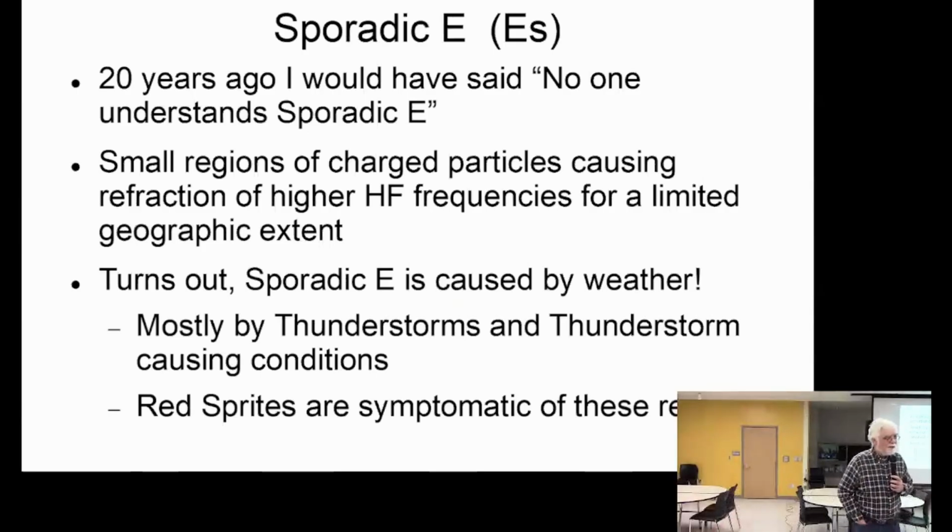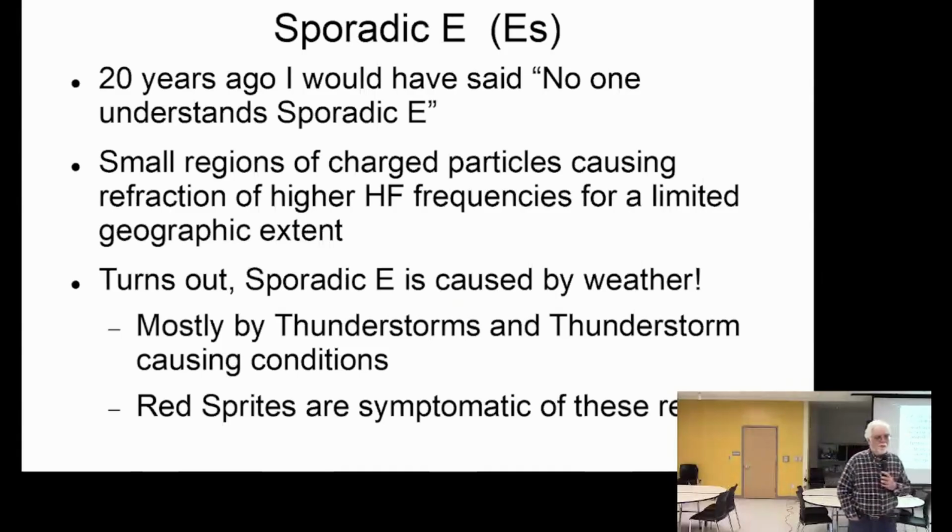So if you can predict the weather, you can predict sporadic E. And in fact, SAMI-3, which is the Naval Research Lab prediction program, uses the Navy's classified weather predictions as part of its input so that they can get out sporadic E predictions.